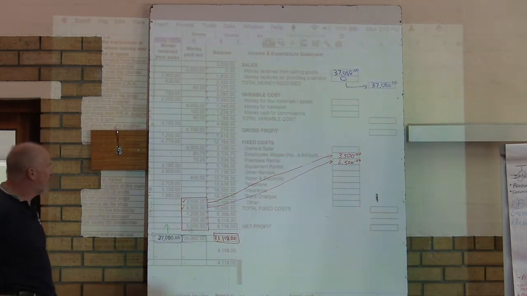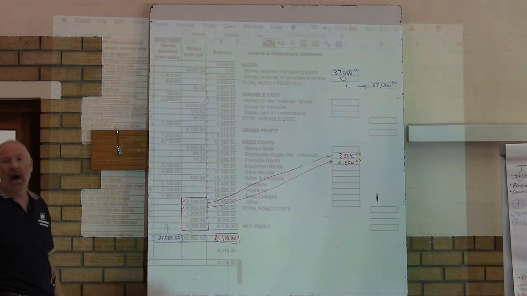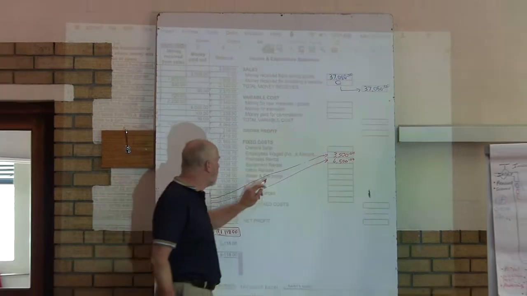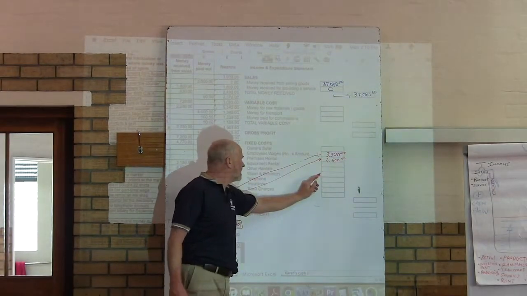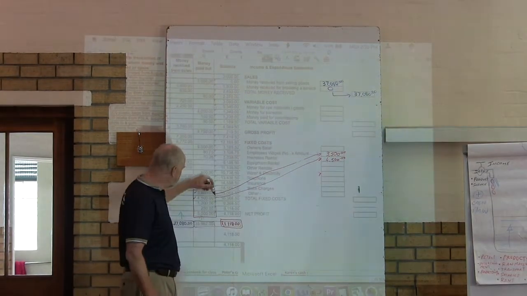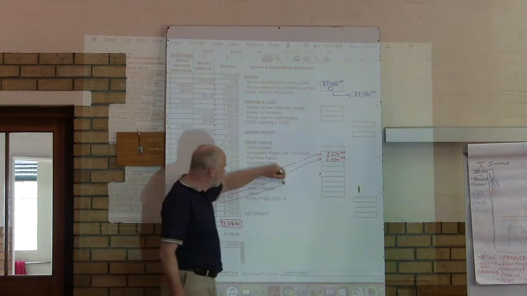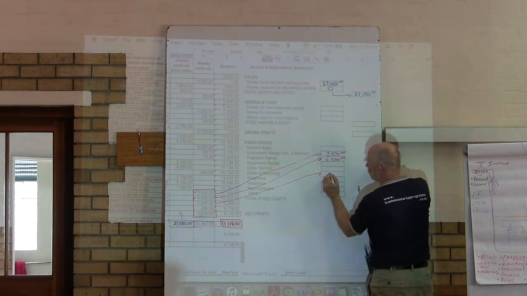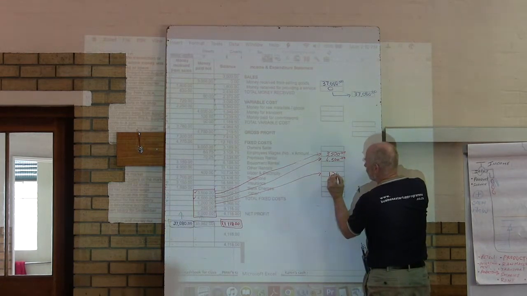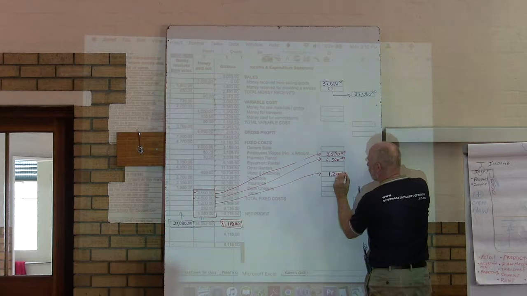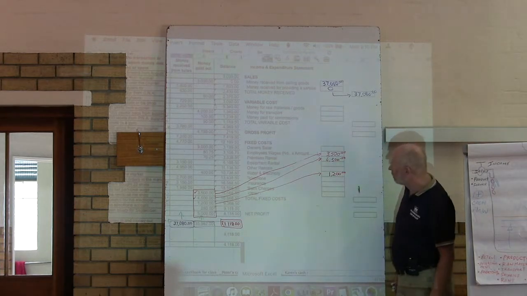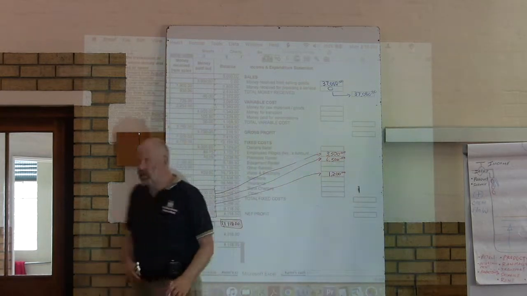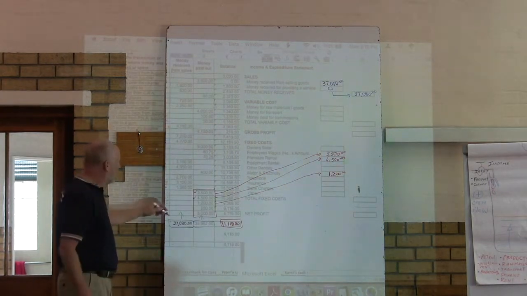The next is we are paying the council for our electricity and water. It's 1,200. We go here and we find water and electricity is there. So that's where we headed. So we take our 1,200 and we write it in there. Next one we look at is 250 Rand.